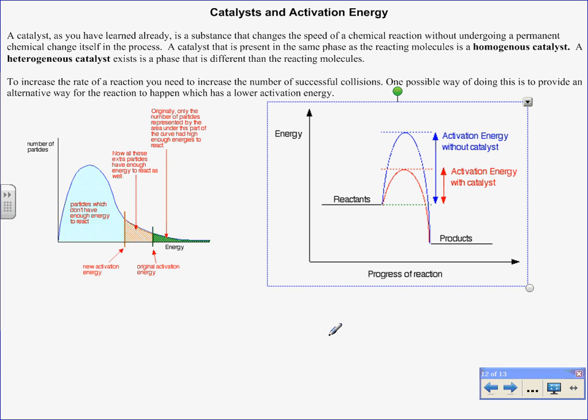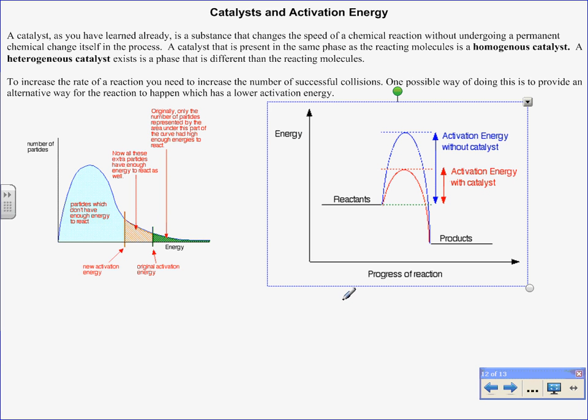Now, in order to increase the rate of the reaction, one thing that we can do is if we've got a larger number of molecules with enough activation energy, then we're going to be able to overcome that activation barrier and produce products. What's happening when we add a catalyst is we are providing an alternative mechanism for the reaction.